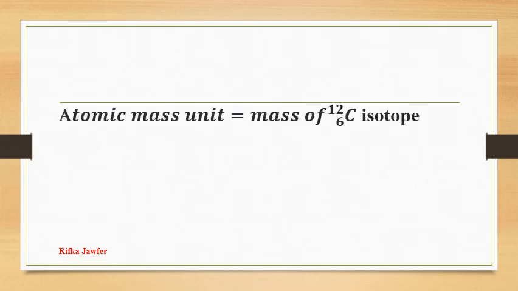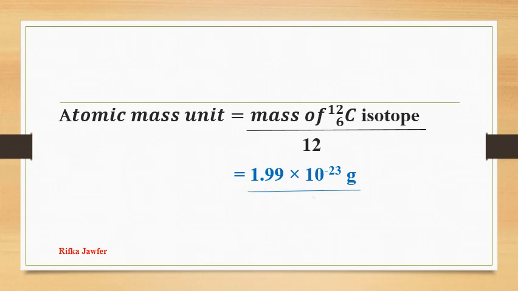So, atomic mass unit is equal to the mass of C-12 isotope divided by 12, which is equal to 1.99 into 10 to the power minus 23 gram divided by 12. So, the value of atomic mass unit is 1.66 into 10 to the power minus 24 grams.